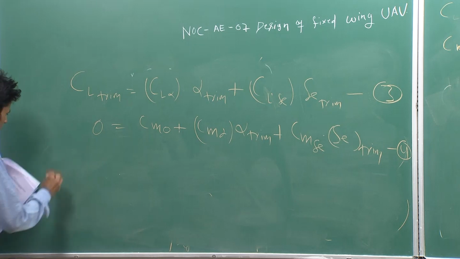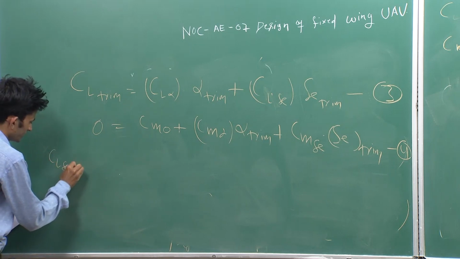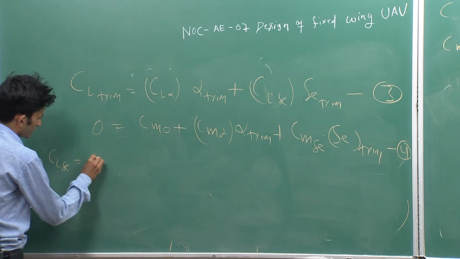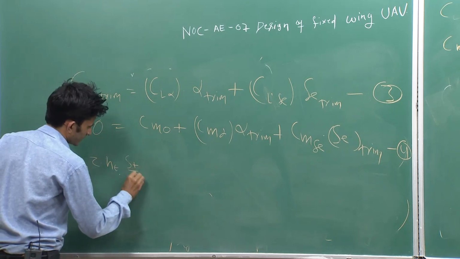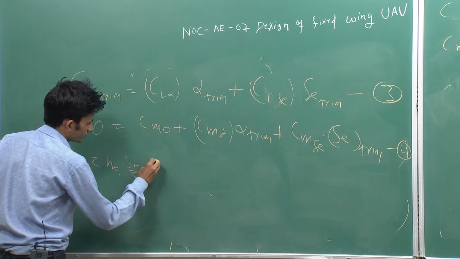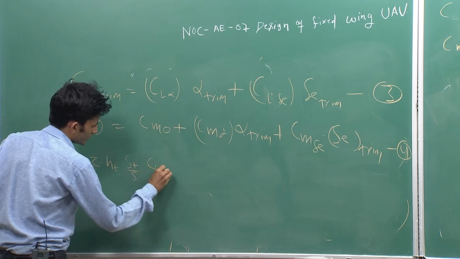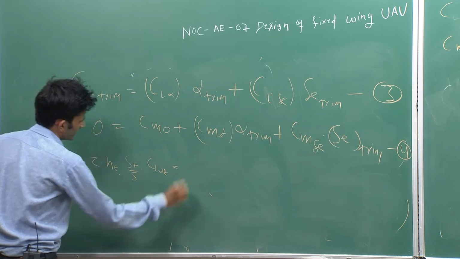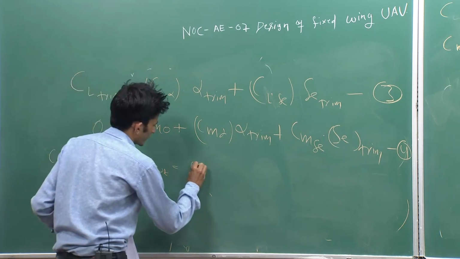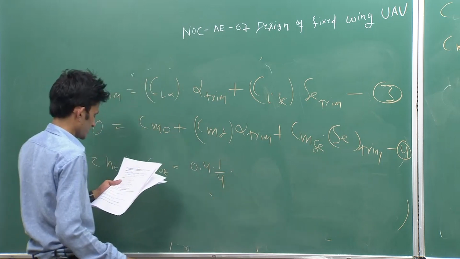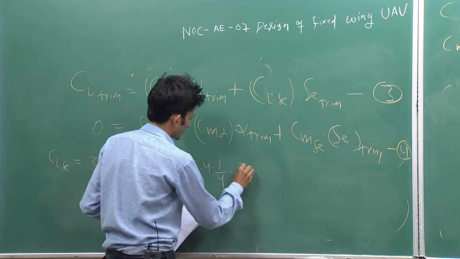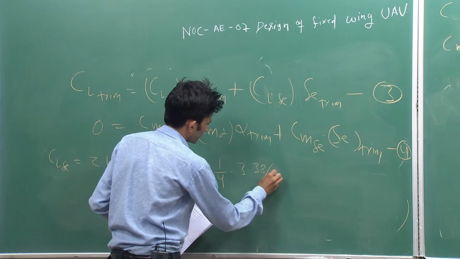So let us find the Cm delta E, the elevator control power, and this CL delta E using this equation. Your CL delta E is nothing but tau eta St by S into CL alpha of the tail. So tau is 0.4, St by S is 1.4, CL alpha of tail is 3.38 per radian.